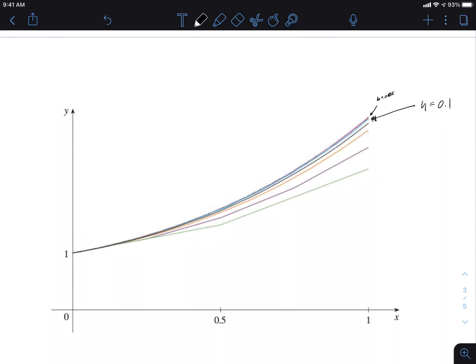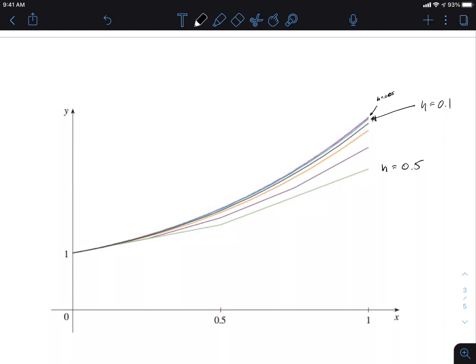Just so you can get the significance, this one is an h step of a half. Can you see that there's issues? Our approximation here ends up veering away from what the curve is doing, correct?